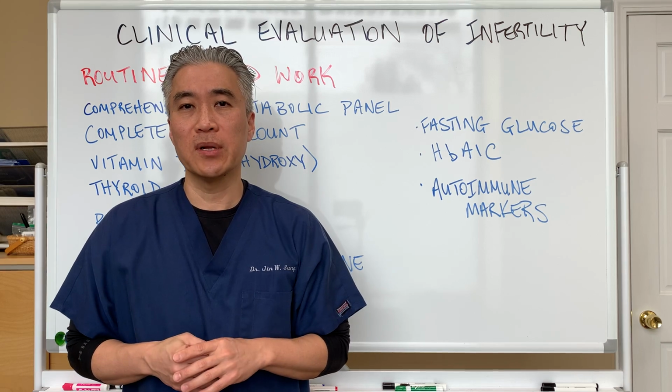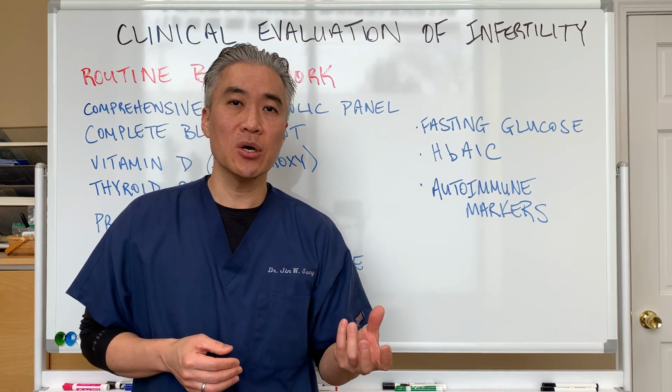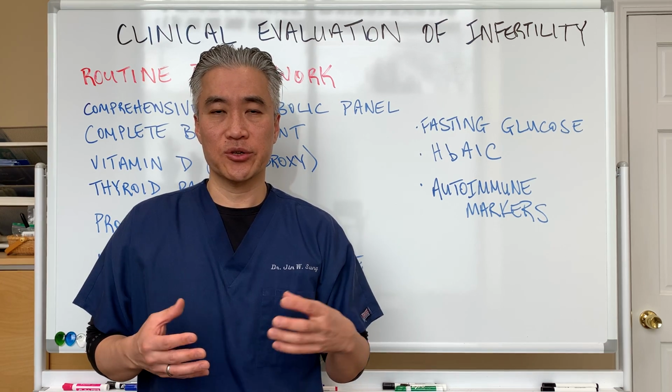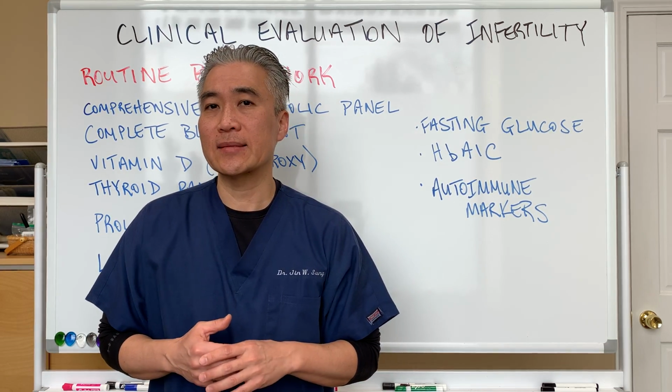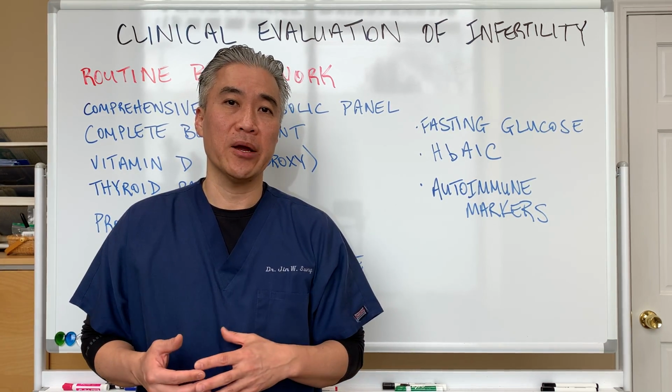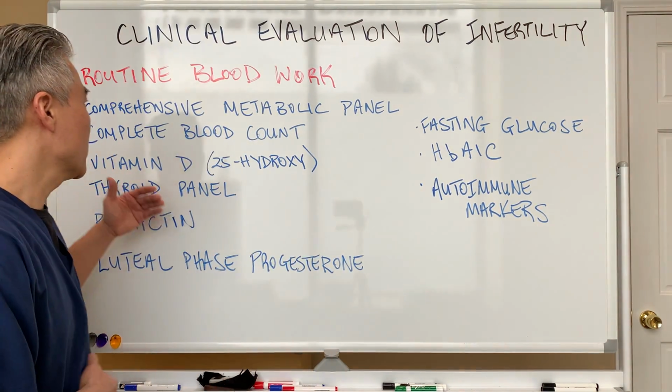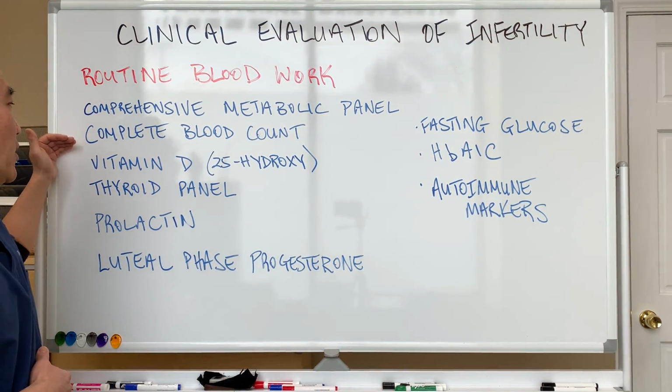So when you look at red blood cells, you want to look at hemoglobin, hematocrit, MCV, MCHC, etc. You also want to look at things like ferritin and serum iron to make sure we do not have a patient who has anemia. So a complete blood count would be helpful.